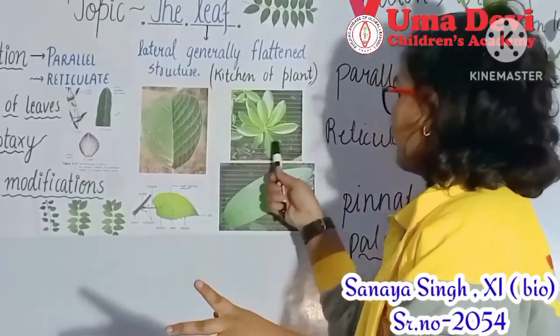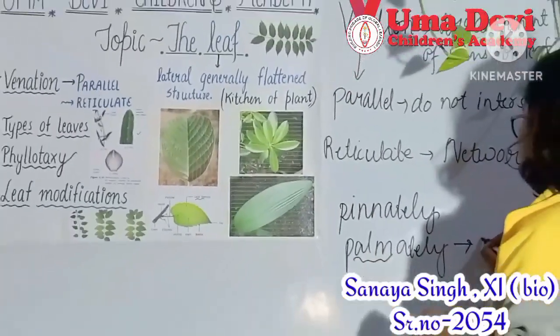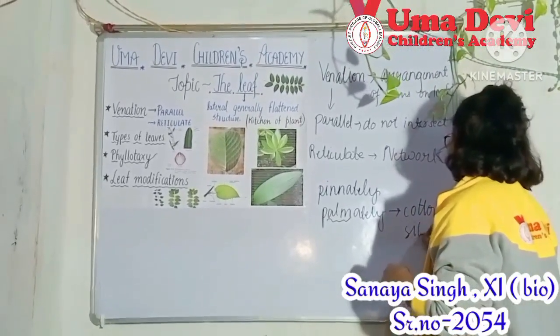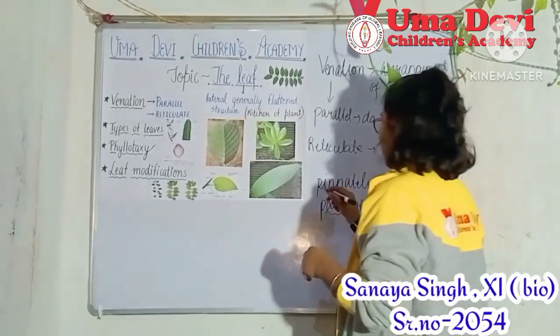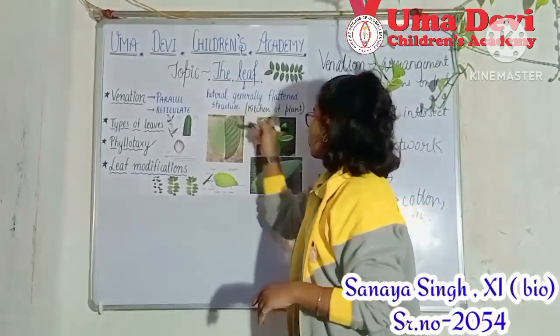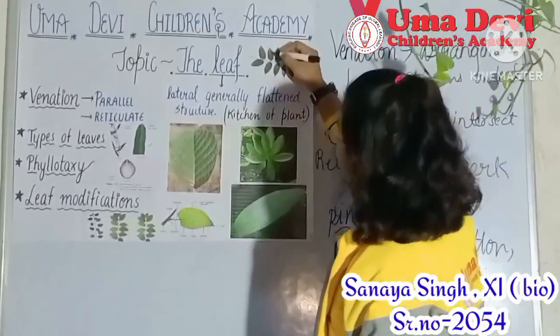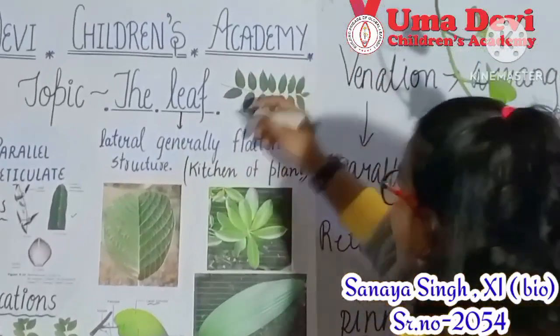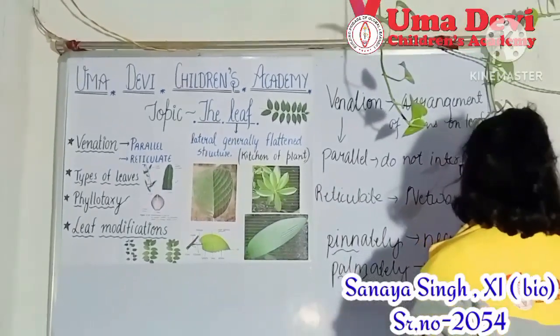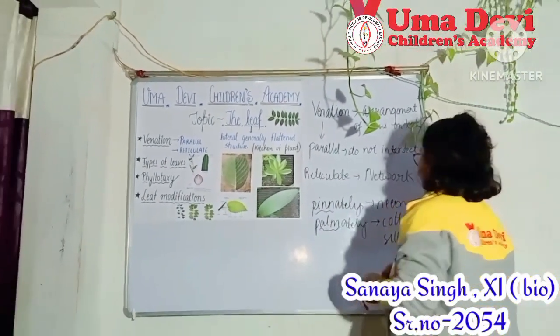The example is very simple: cotton, you can see here, and silk cotton, you can also watch. And in the pinnately compound, you can see in neem, the several leaflets are connected. See here, 1, 2, 3, 4, 5, 6, 7, 8, 9, 10, 11, 12. So this is the pinnately compound. This is the neem example.